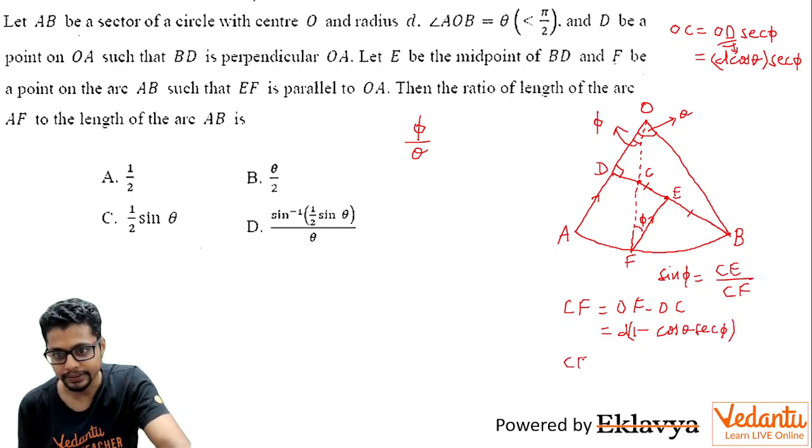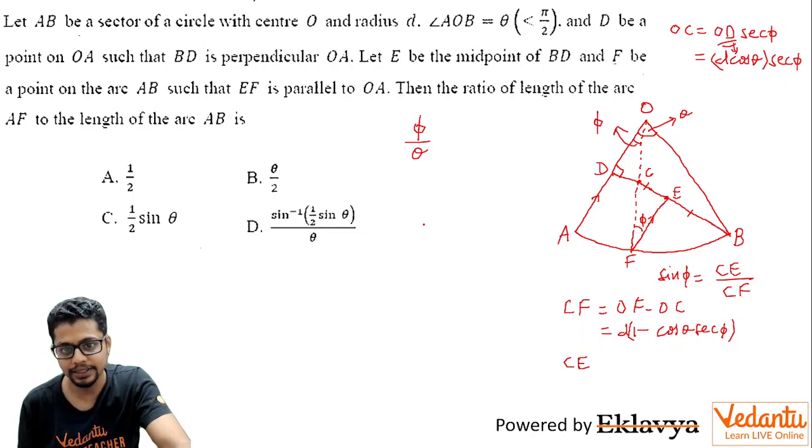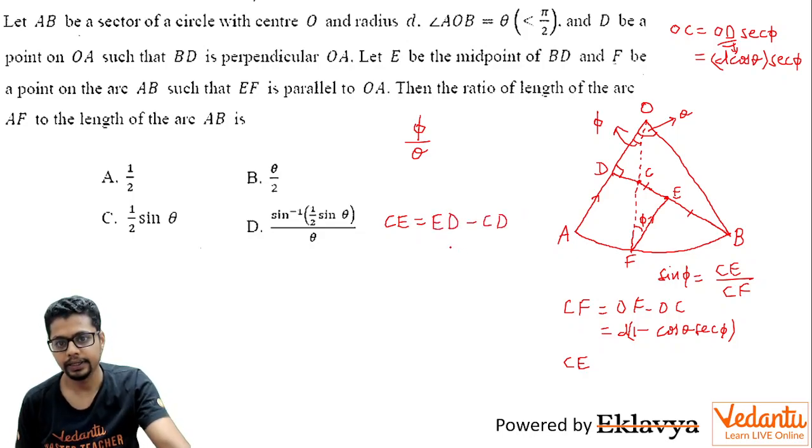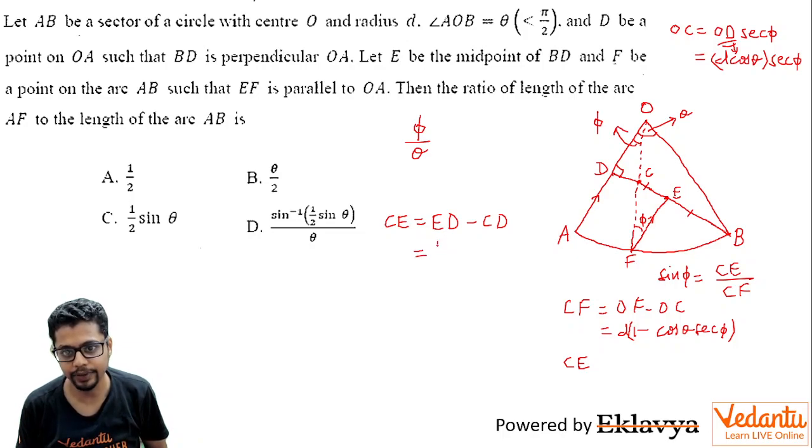Now what about CE? CE is essentially ED minus CD. ED is essentially half of BD. Why? Because E is the midpoint of BD, and you have minus CD. Now what is BD? BD is essentially, if you see carefully, d sine theta, considering triangle OBD. And what about CD?